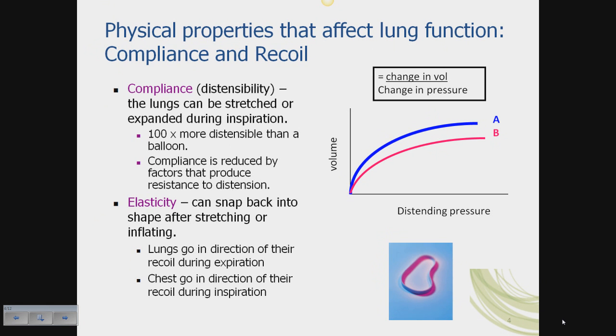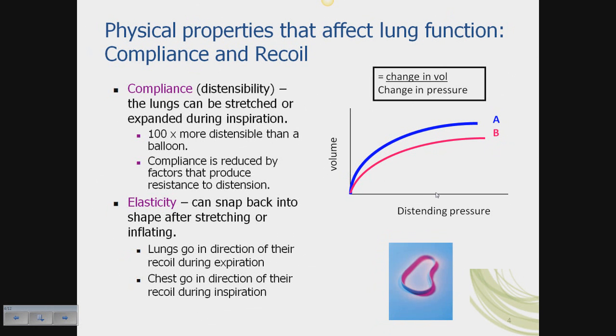Compliance can be best demonstrated here in the top graph picture. Compliance equals any change in volume for the same change in pressure. So look at the x-axis, I have distending pressure, and the y-axis I have volume.